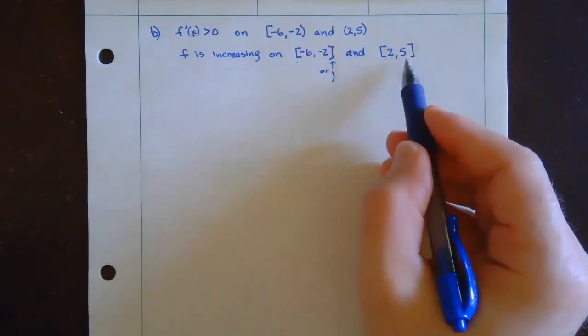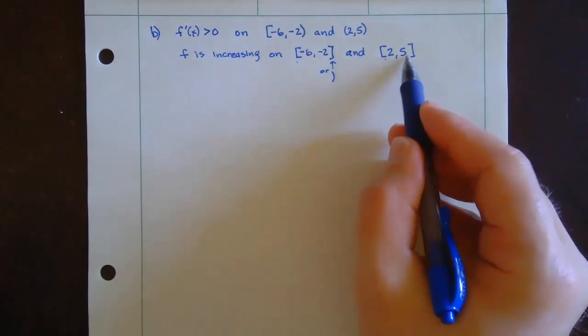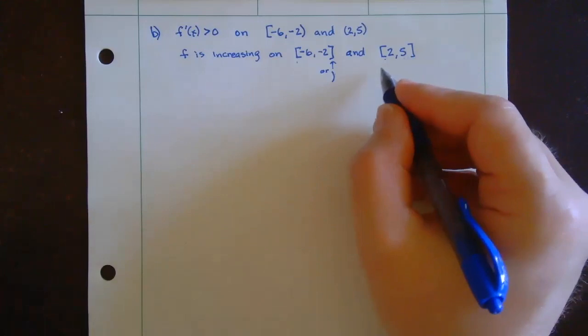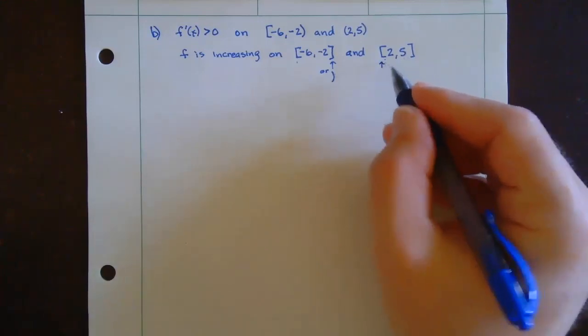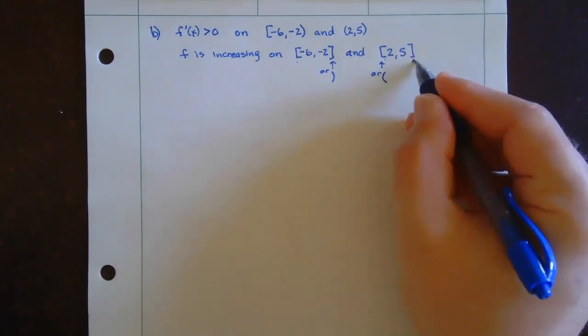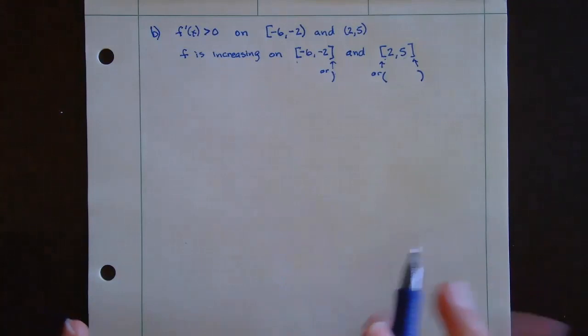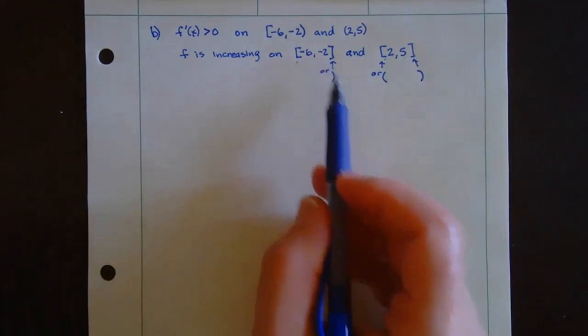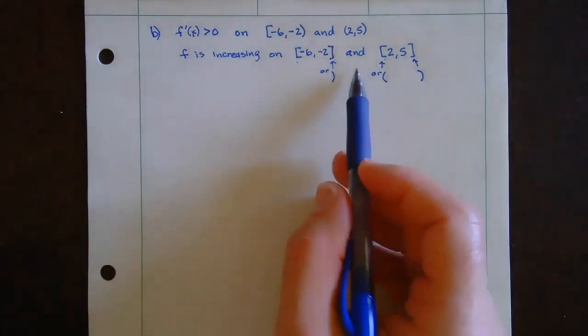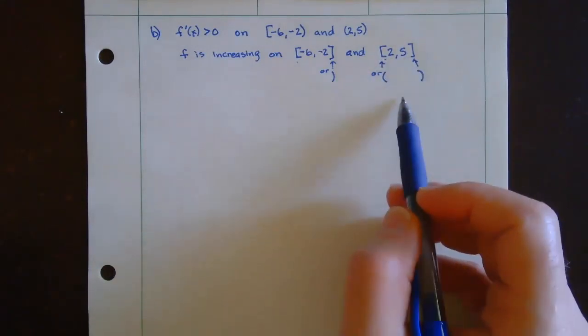Now at 2 and 5, the derivative is 0, but that's where it starts to increase again, and that's where it stops increasing. So again, you could also have a parenthesis. There's two ways to write this. You can go bracket -6 to -2, bracket or parenthesis, and for 2 to 5, you can do brackets or you can do both parentheses.